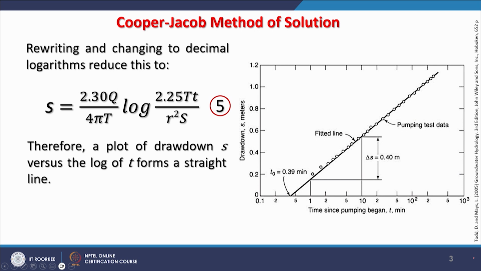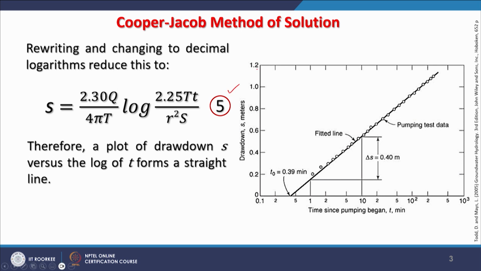Now, the Cooper and Jacob method, they have rewritten changing the decimal logarithm to s equal to 2.30 Q upon 4 pi T log 2.25 capital T t divided by r square S, and this becomes our equation number 5.